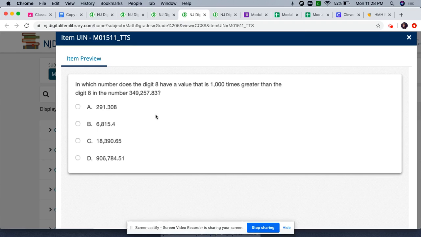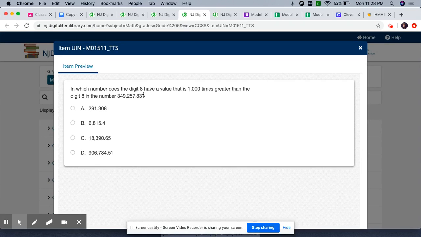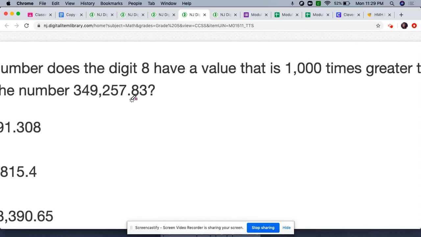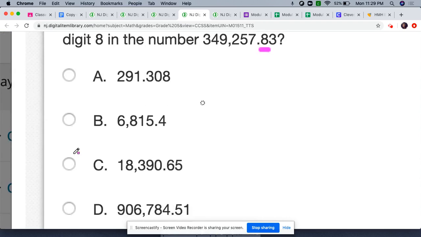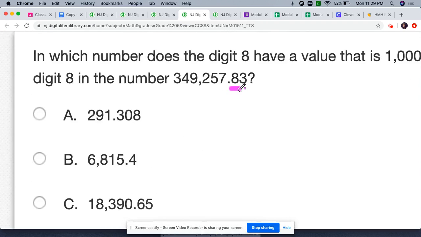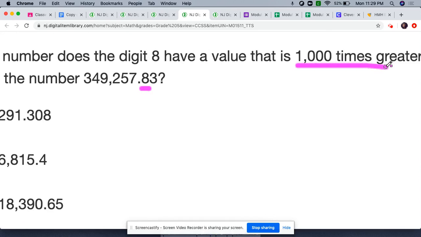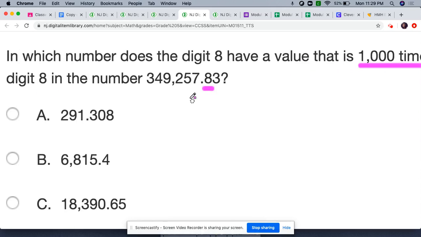So which of these has the value of the digit 8 that is 1,000 times greater than this one? So here you have to say, what place value is this 8 in? How much is that? And which of these is this times 1,000? Which of these multiple choice options is this number 8 times 1,000? Because it's saying times greater than this 8.